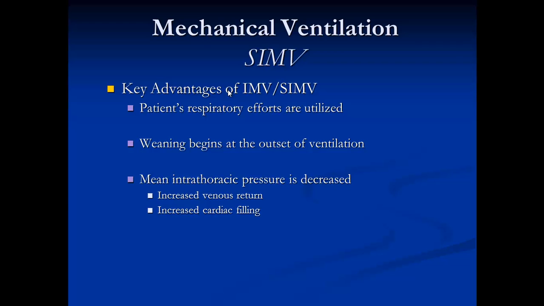This mode also decreases intrathoracic pressure. So if you are trying to wean a patient that just underwent CABG, you could go straight to CPAP, but you could also go to SIMV because it does increase venous return, it increases cardiac filling.